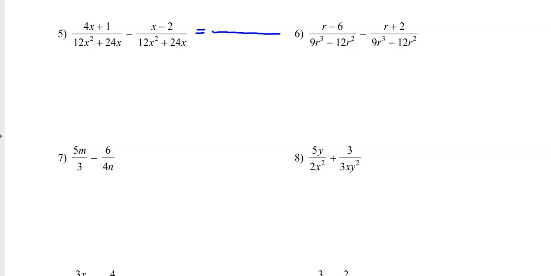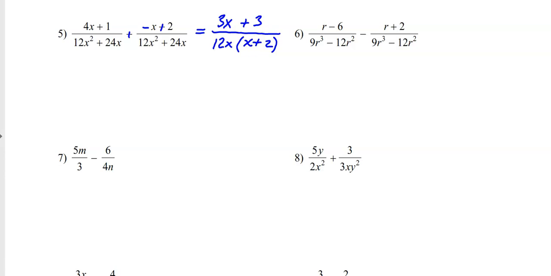I believe I can yank a 12x out of there, which would be x plus 2 when I pull out a greatest common factor. This is subtraction, so I'm really going to distribute a negative and a plus there. So that's going to be 3x, and that's going to be 1 plus 2. That's going to be a 3. So I kind of have that going on.